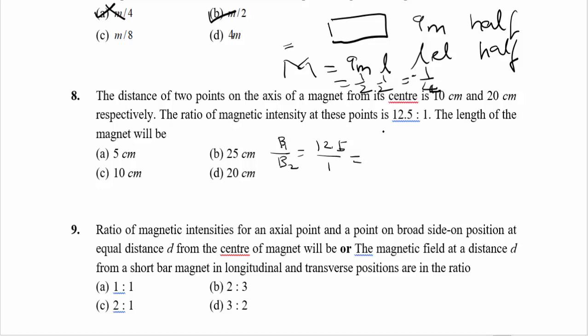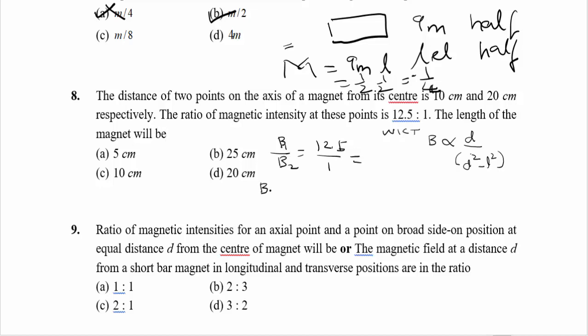We know that the magnetic field is proportional to distance divided by distance square minus L square. So from this formula, we see how the magnetic field depends on the distance and length.